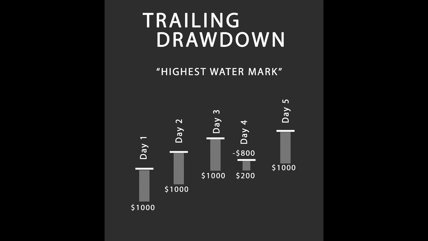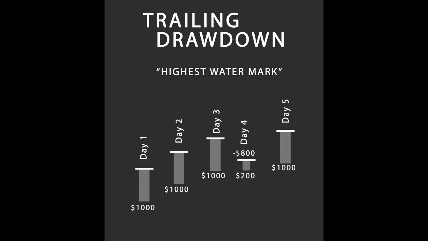It trails from your highest watermark. On day 2, you made some money. So we go to day 3 and you can see that the highest watermark is a little higher now because you made profit. So that's your highest profit, that's your highest watermark, and your $1,000 trailing drawdown begins at your highest watermark. It begins at your highest profit.